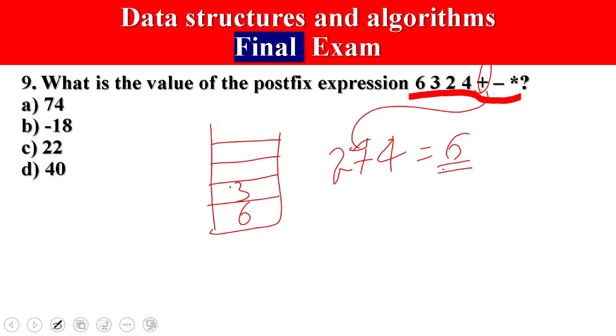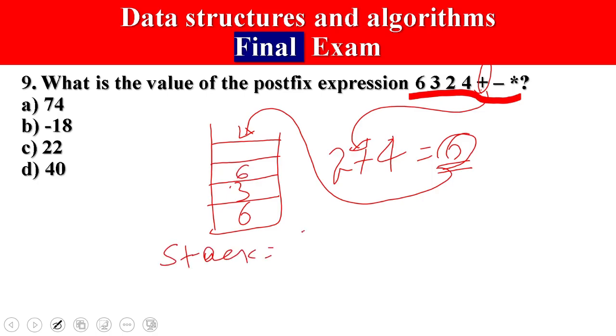After that, the 6 is pushed again to the stack. The stack now contains 6, 3, 6. Then the next operation, which is minus. In order to perform the subtraction, again pop the elements, which are 6 and 3.